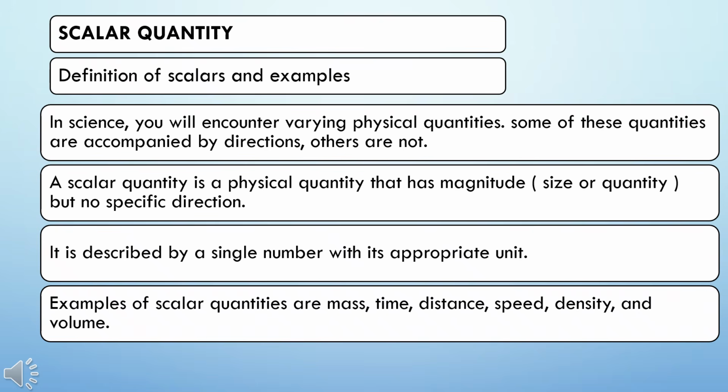Now when we say a scalar has a magnitude, it means it has a size or it has a quantity, but it has no special direction. It is described by a single number with its appropriate unit.